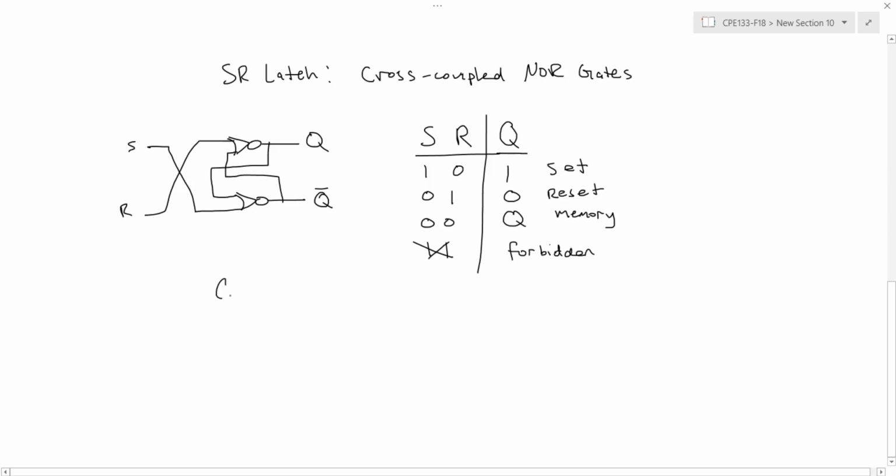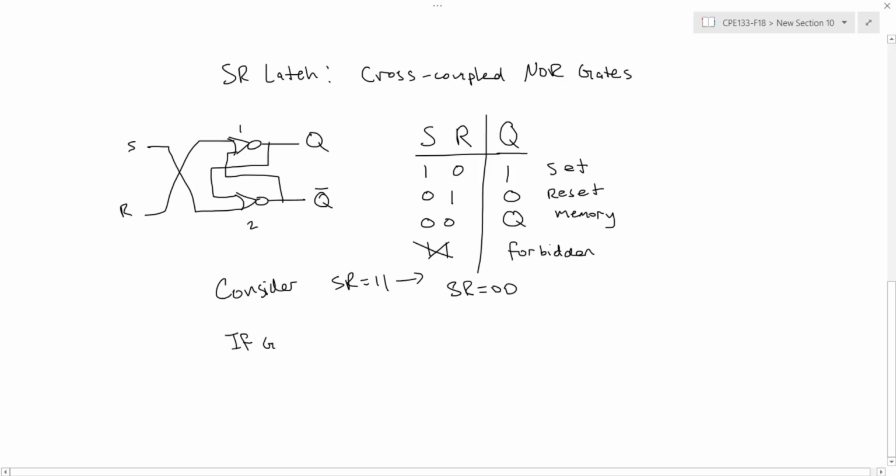So as an example, consider if both of my inputs were 1, and then S and R changed to 0, 0. When both S and R are 1, that will force both of these outputs of the two NOR gates to be 0. But then as soon as S and R change to 0, 0, depending on the timing of these gates relative to each other, my output will either be a 0 or 1.